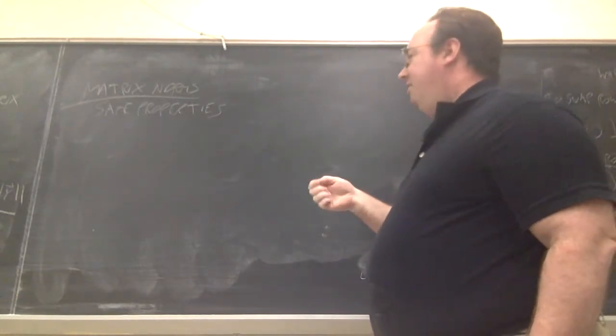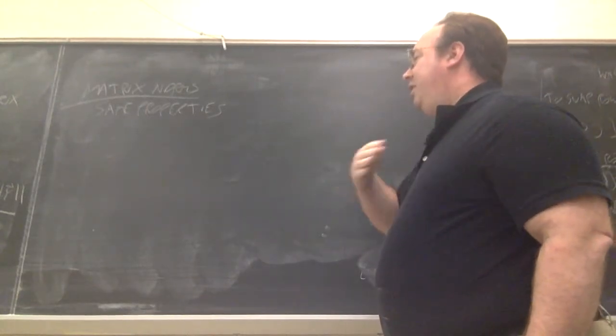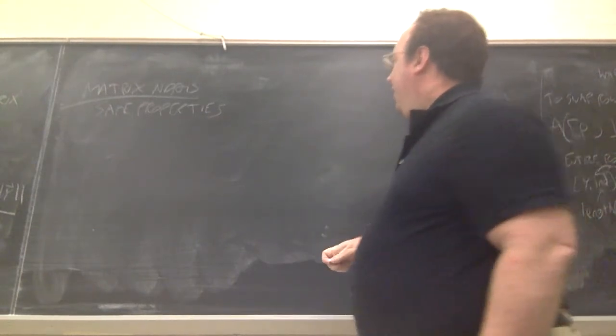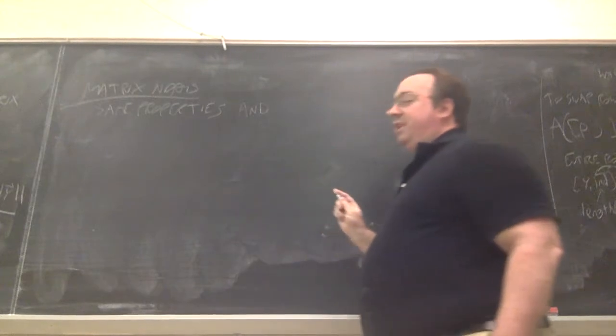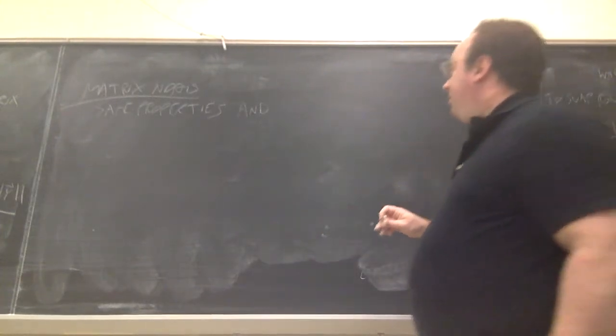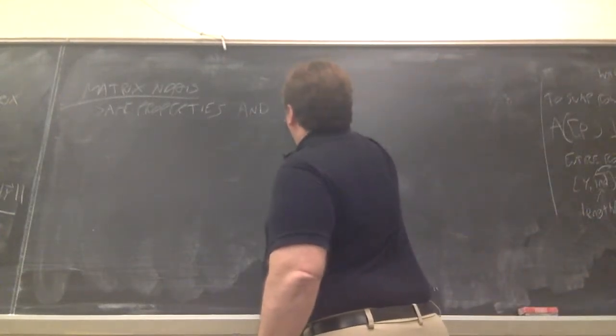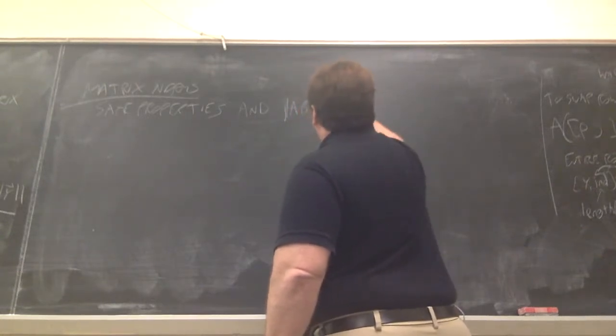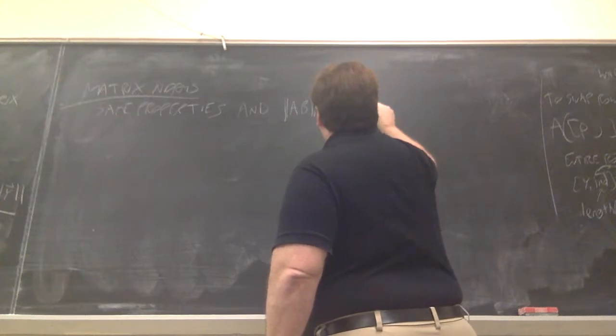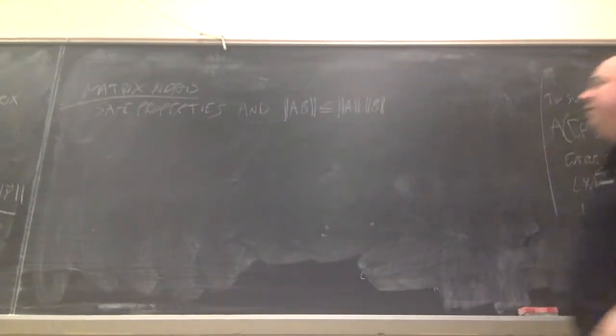Scaling a matrix scales the norm. The triangle inequality, all that's the same. I'm not going to write it down again. Except there's one additional property that matrix norms have, and that is the matrix norm of a product is less than or equal to the product of the norms. So that's going to be useful to us.